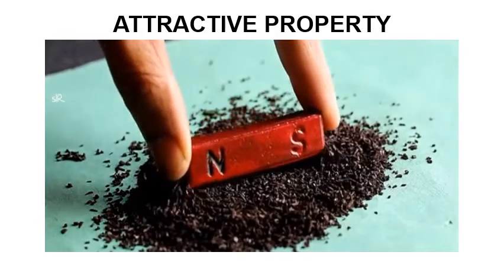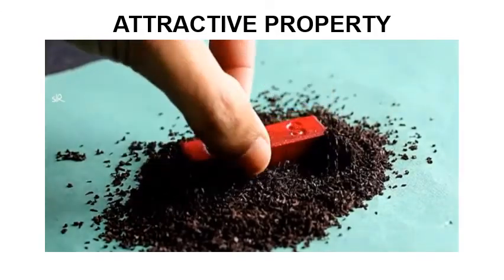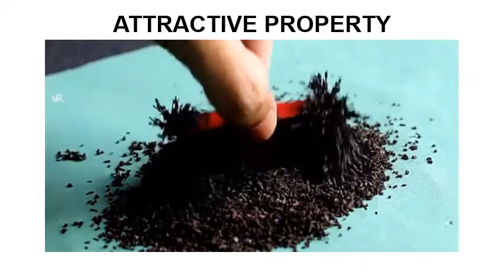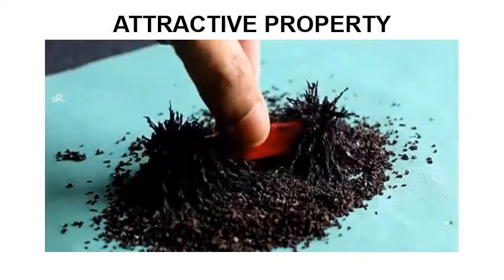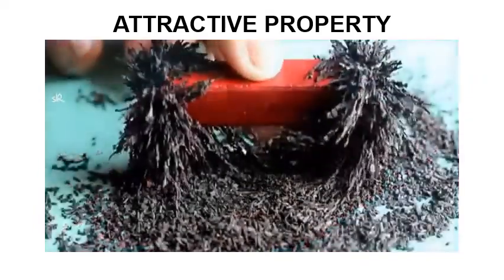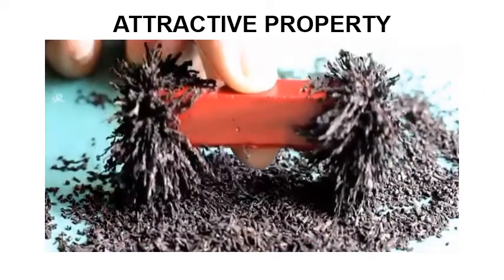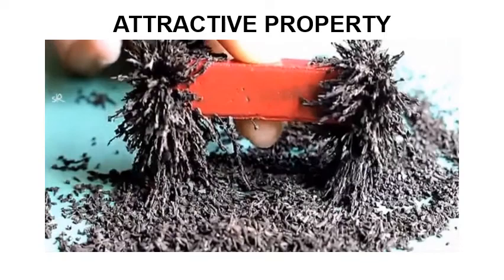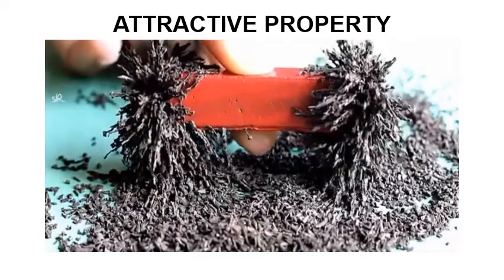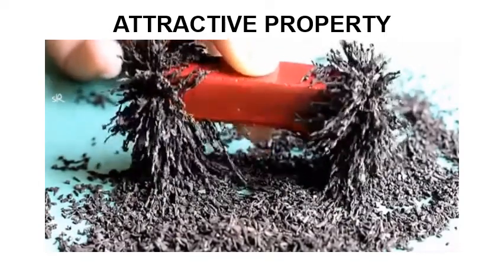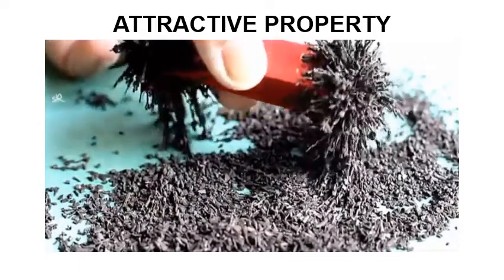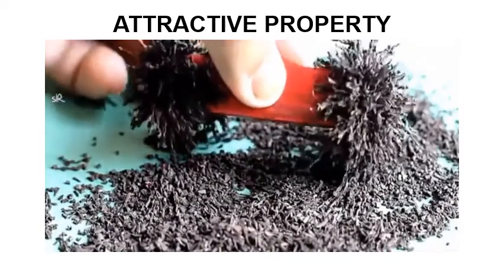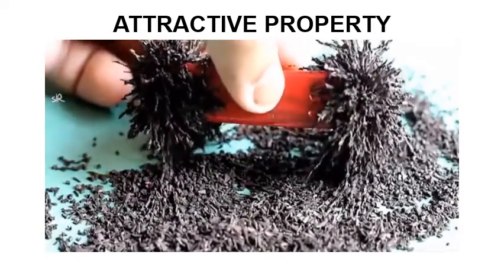Not every material has the ability to attract other materials towards it like what we see. This bar magnet has attracted iron filings at its extreme ends. So this property being exhibited by a magnet is referred to as the attractive property of a magnet.